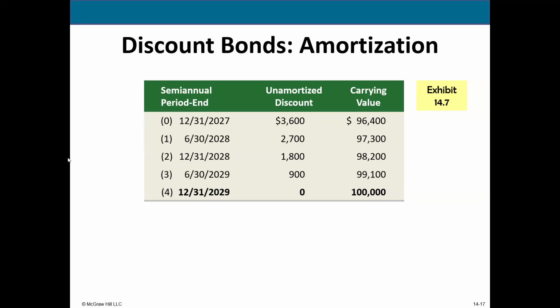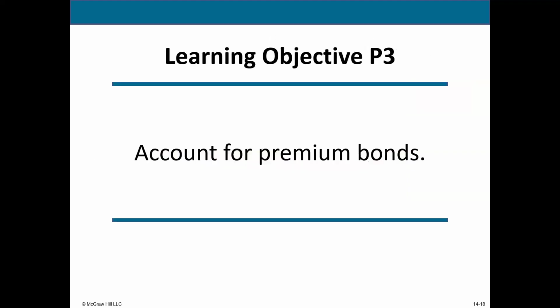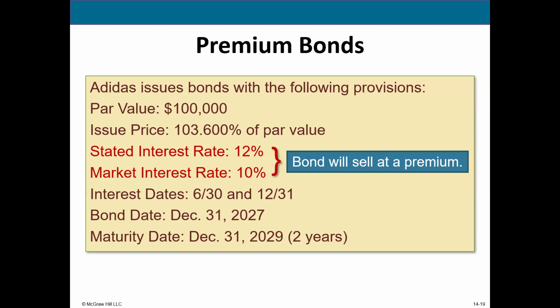The next part of this conversation brings us to the premium that the company might pay on a bond. And just as you think or imply, that means that we will pay a premium on the bond to the bond holder. So in this case, the stated interest rate is going to be higher than the market interest rate.